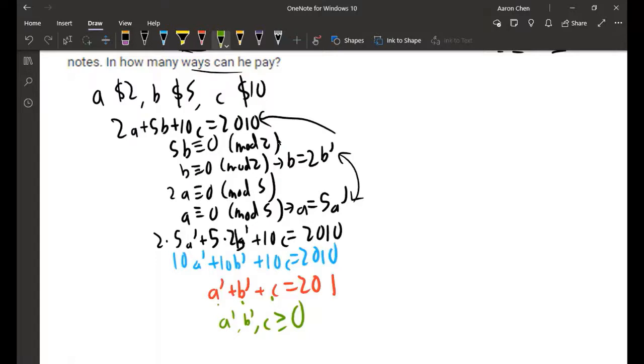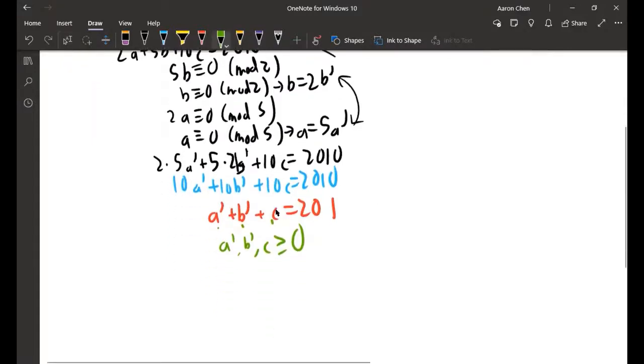This is basically a classical stars and bars problem with 201 stars and 2 bars. The number of bars is 2 because there are 3 values, and the number of bars is 1 less than the number of things you're splitting into. May I remark that the bars can also be called dividers?